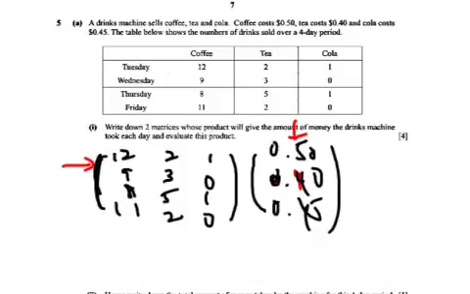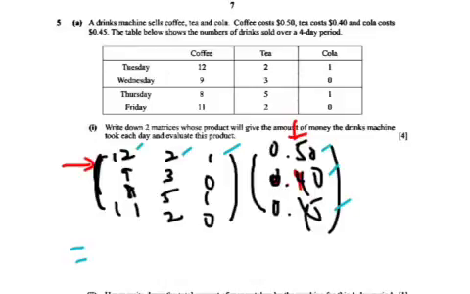So you notice that I'll take 12 times 0.5, 2 times 0.4, 1 times 0.45. 12 is the coffee on Tuesday, 2 is the number of teas on Tuesday, and 1 is the number of colas on Tuesday. So this is how you set up.